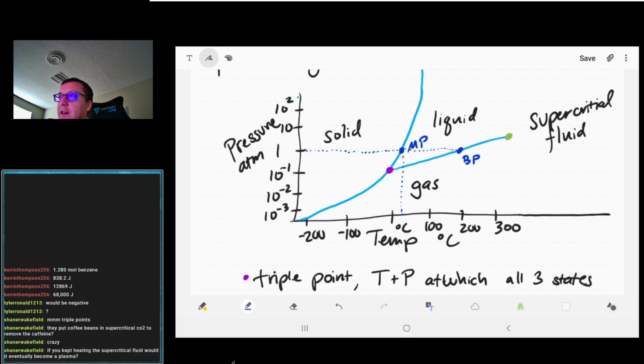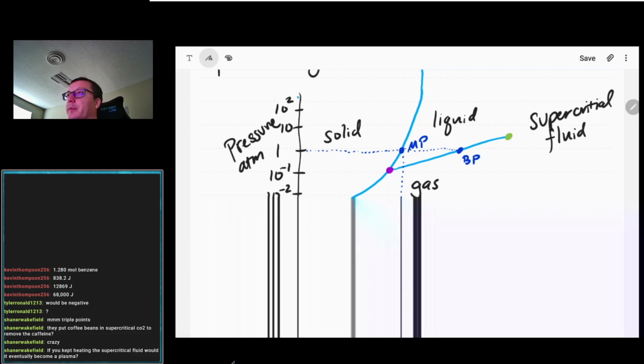So eventually, yes, you could get a plasma if you kept heating it up. You could do that with just a gas as well. If you just kept heating the gas at low pressure, you could get a plasma that way as well.